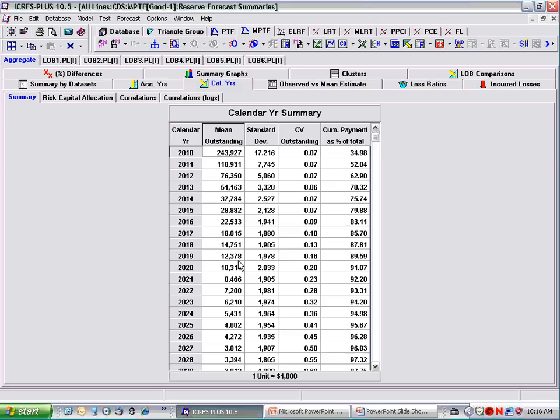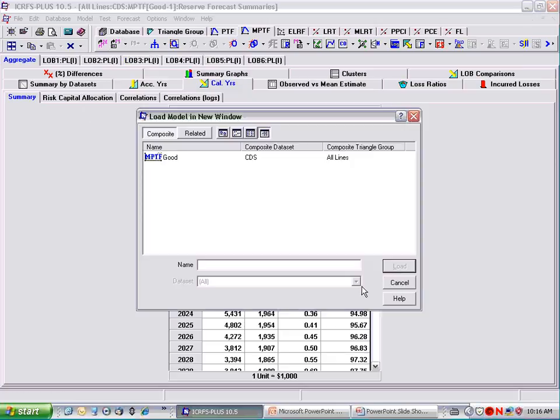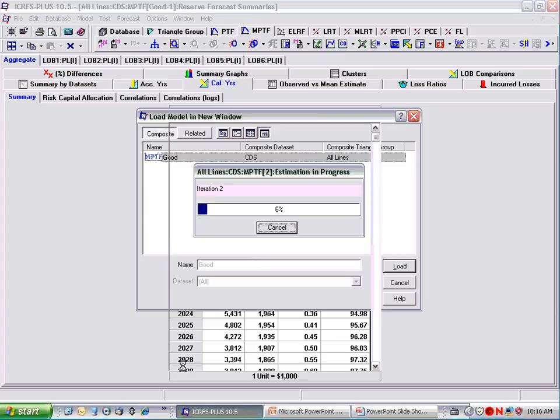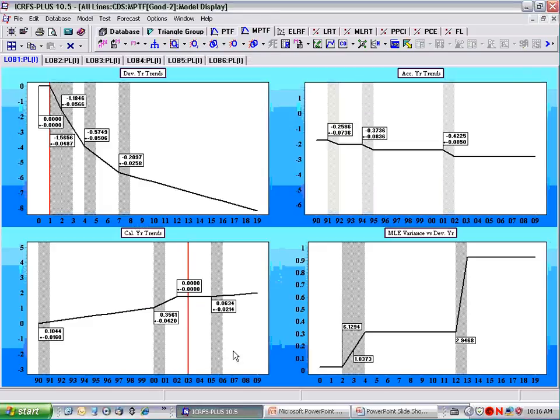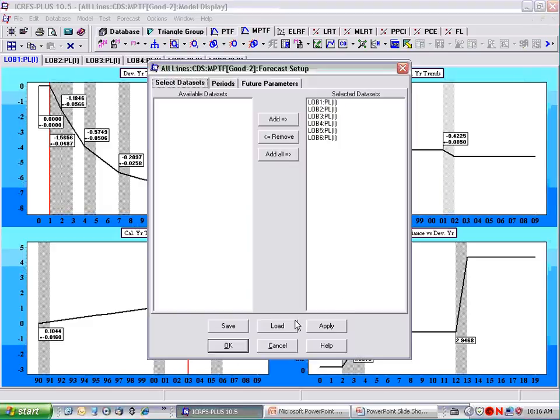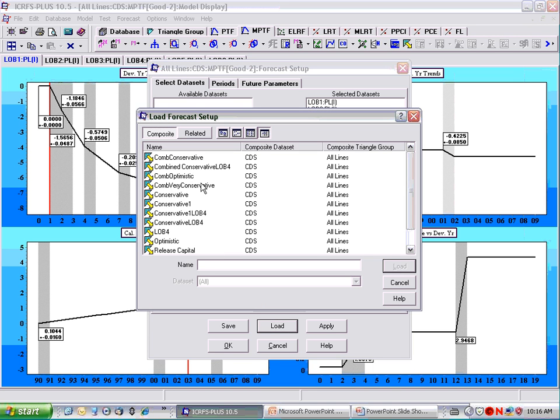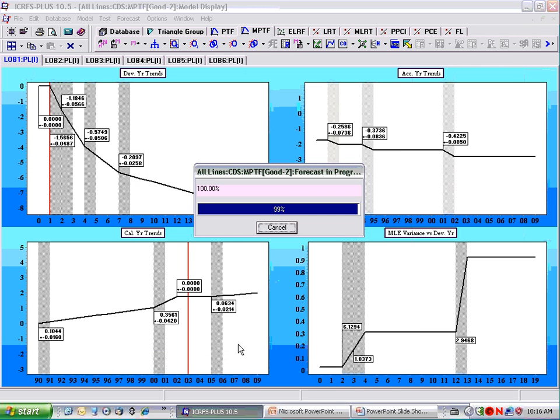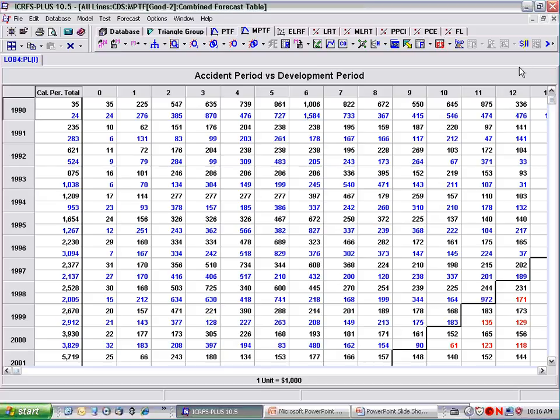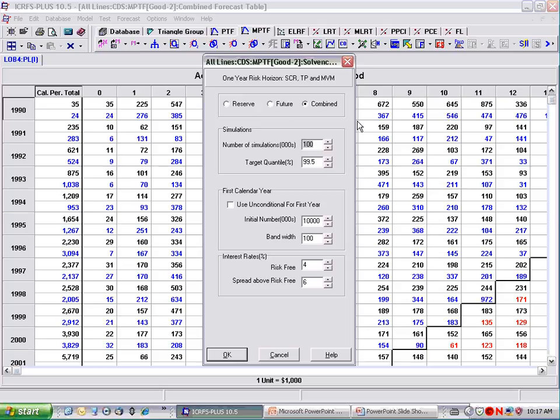Okay, so now let me run the model again, but only forecast for LOB4 instead, combined LOB4. Now, in the second run, why don't we look at the reserve.